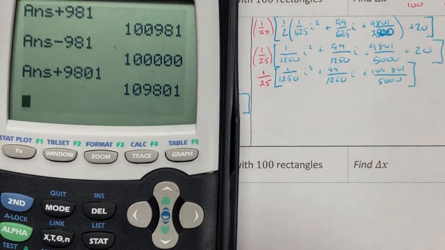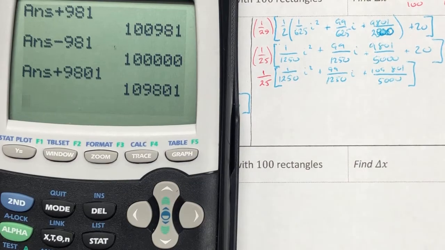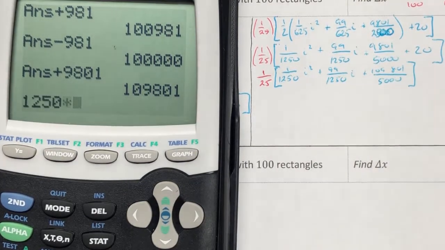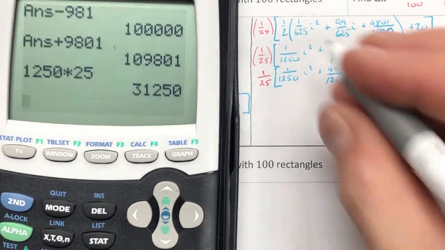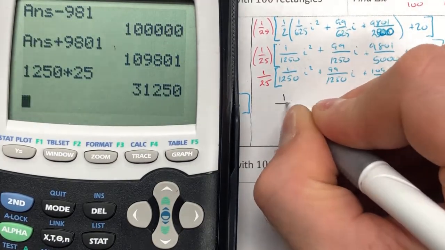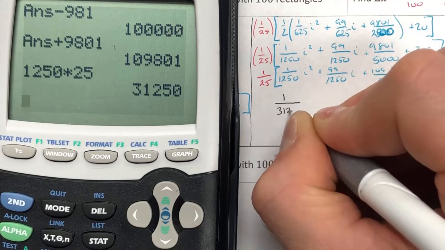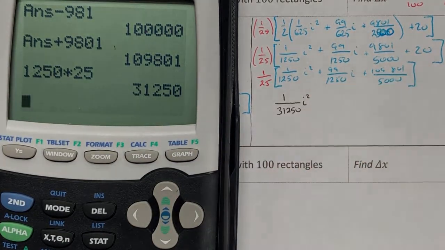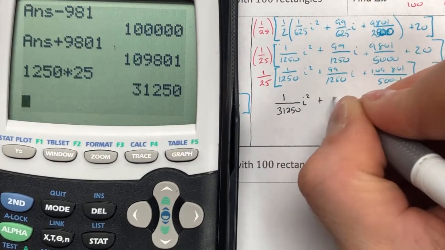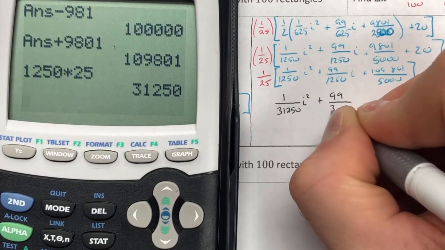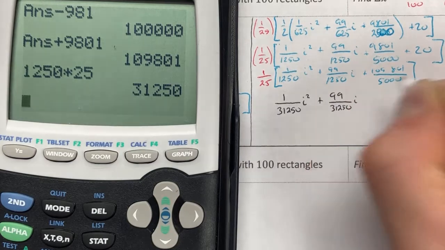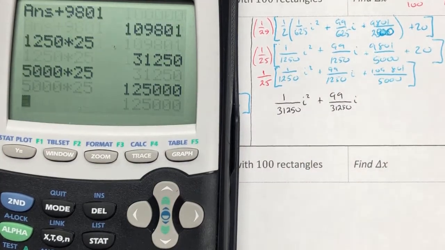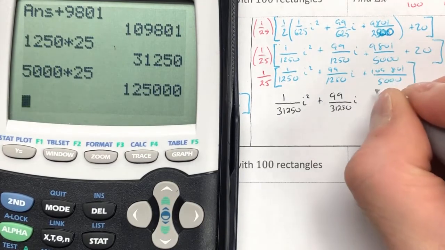Multiply all these by 25. And so this is going to give us our fabled thing that we need to figure out. So 1250 times 25 is going to be 31,250, so 99 over 31,250 I. 5,000 times 25 is going to be 125,000.